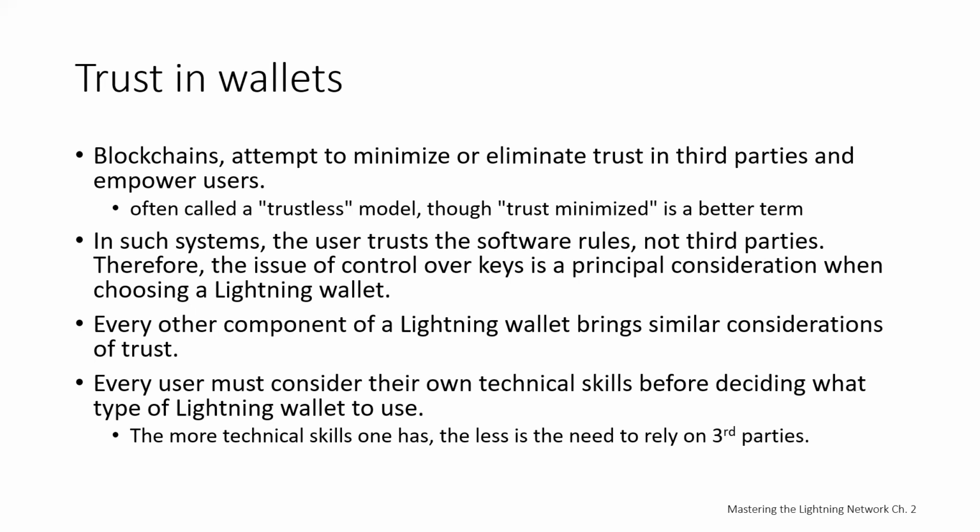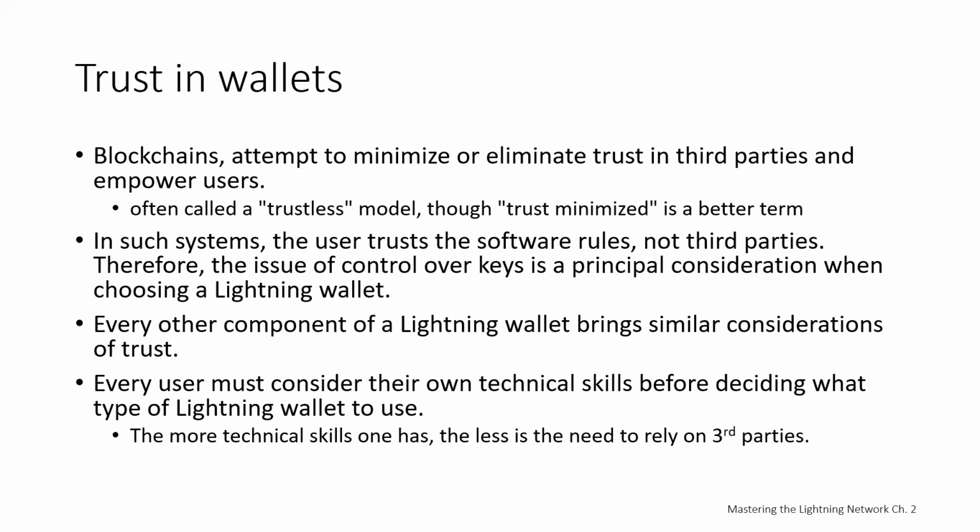Those with strong technical skills should use a Lightning wallet that puts all the components under the control of the user. Those with fewer technical skills, but a desire to control their funds, should choose a non-custodial Lightning wallet. Often the trust in these cases relates to privacy. If users decide to outsource some functionality to a third party, they usually give up some privacy, as a third party will learn some information about them.